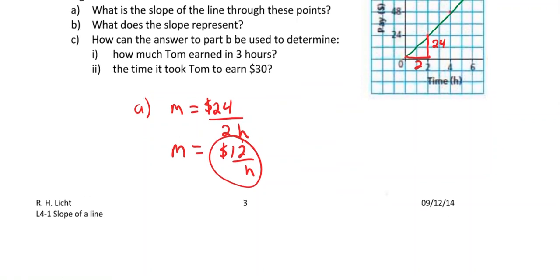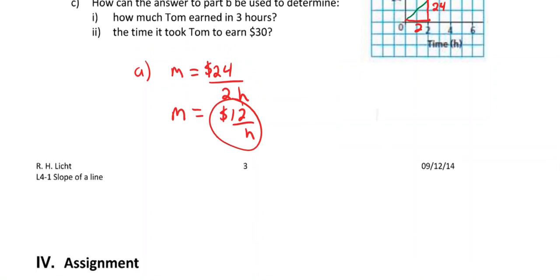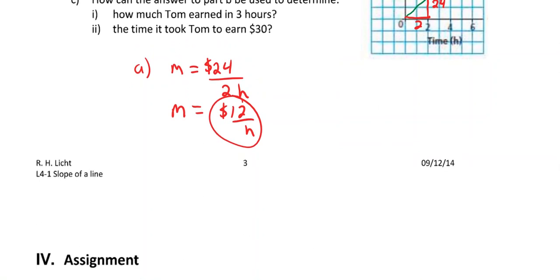So the other half of this says the time it took Tom to earn $30. You can think about it this way too. We can make a little equation. Earnings is equal to $12 per hour times the number of hours you work, so times time.